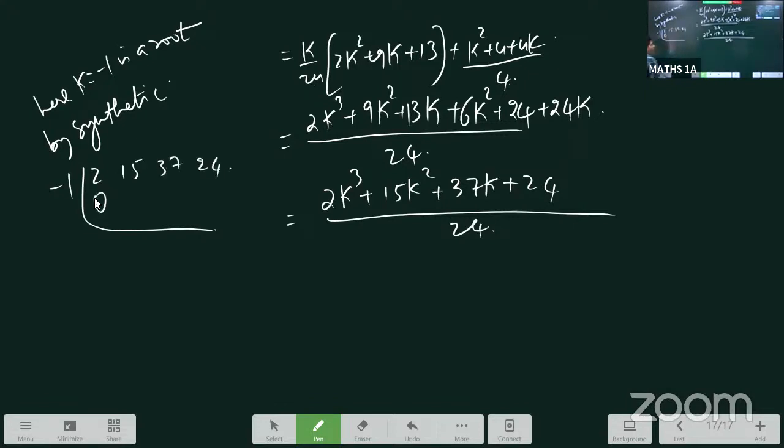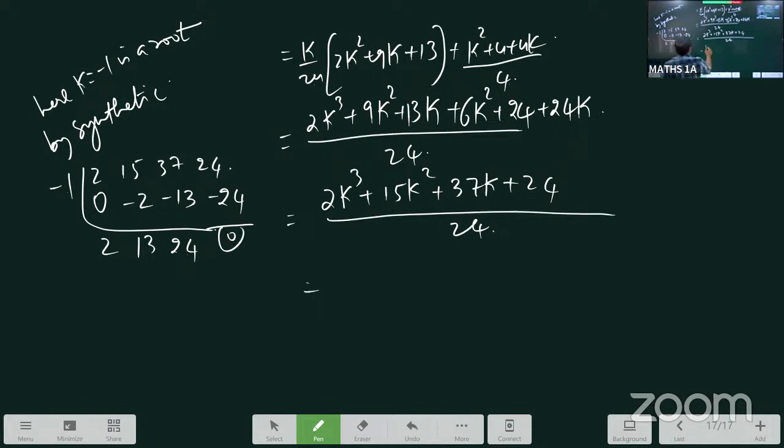You put 0 here. 2 plus 0 is 2. -1 into 2 is -2, here what I get is 13. That is -13, what I get is 24. -1 into 24 is -24. What I'm getting is 0, no?